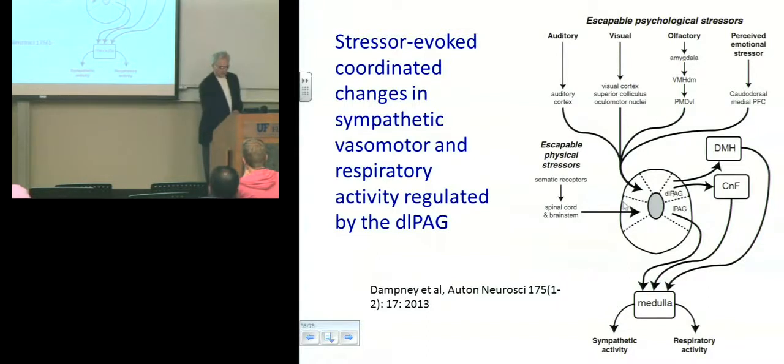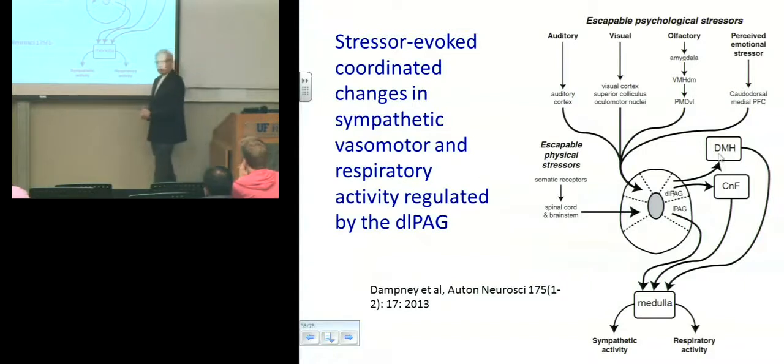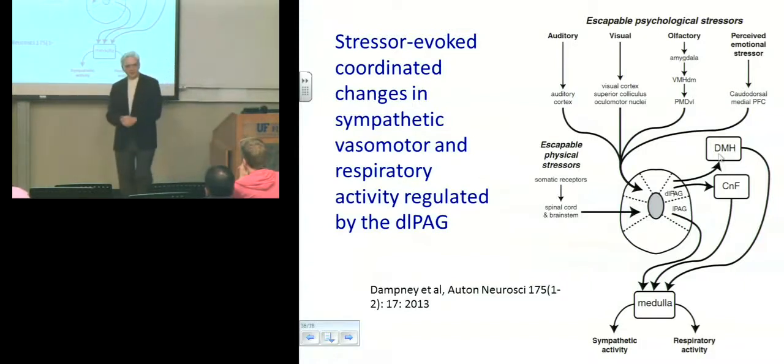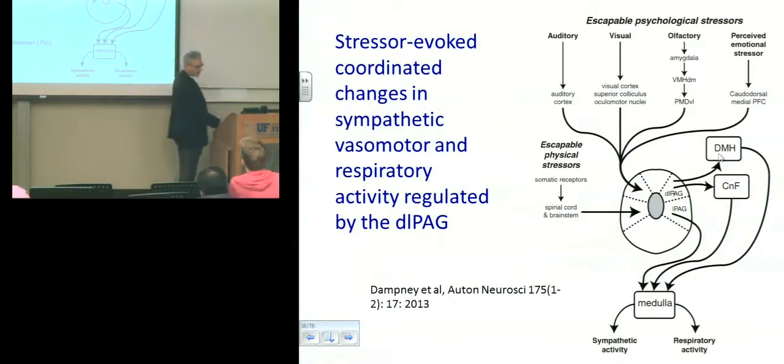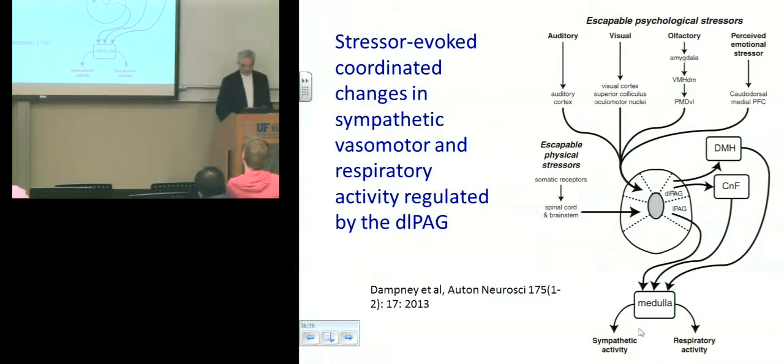And then the output of the periaqueductal gray goes to the dorsomedial hypothalamus, as well as down to the medulla itself to activate respiratory and autonomic neurons. And the CNF here is the cuneiform nucleus, or peduncular pontine tegmental nucleus.